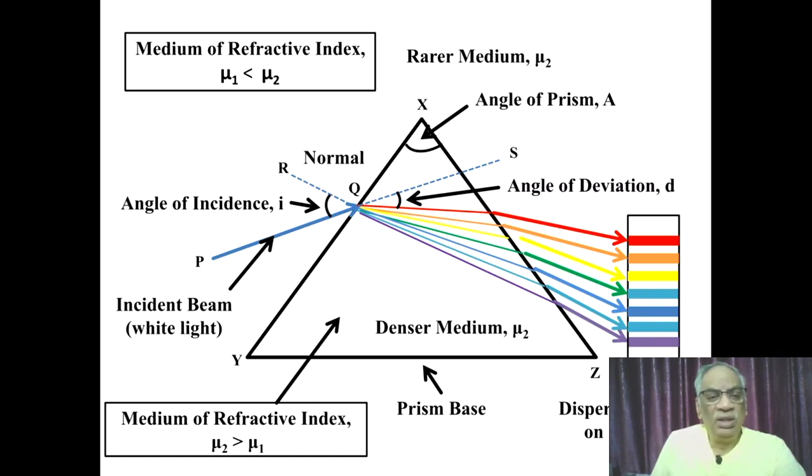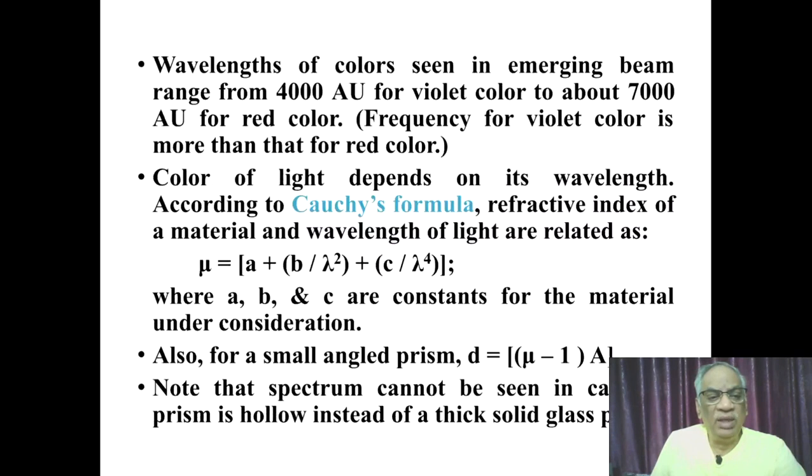The wavelength of colors seen in the emerging beam ranges from 4000 angstrom units to 7000 angstrom units. So 4000 angstrom units is for violet color and about 7000 angstrom units is for red color. The frequency of violet color is more than that of red color. The reverse is true for wavelength.